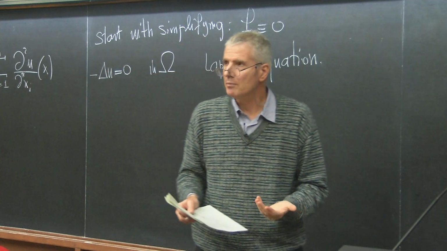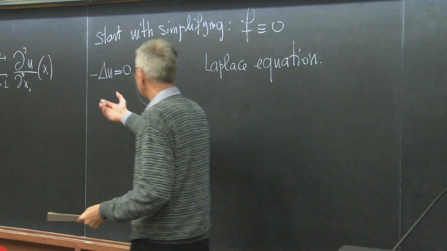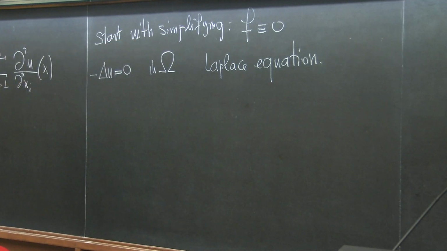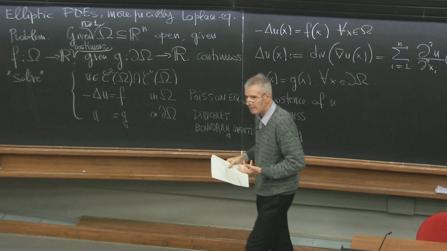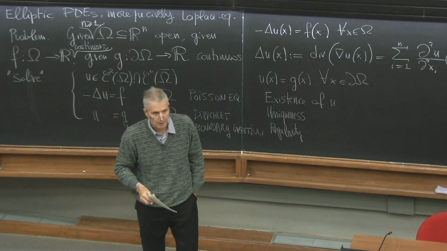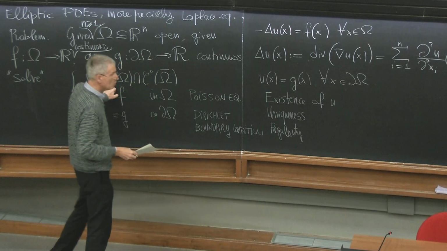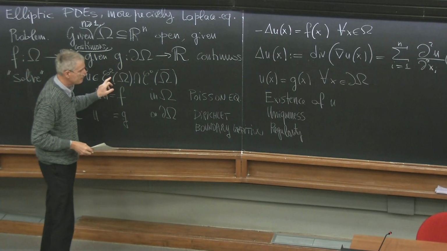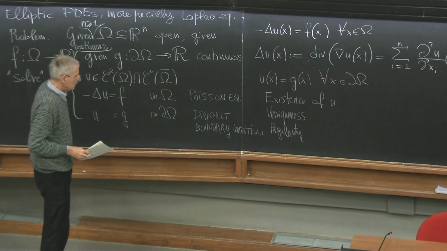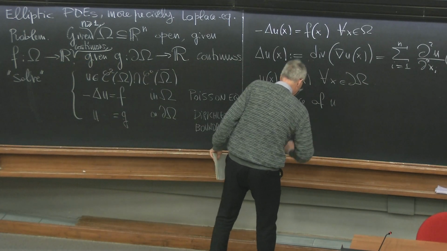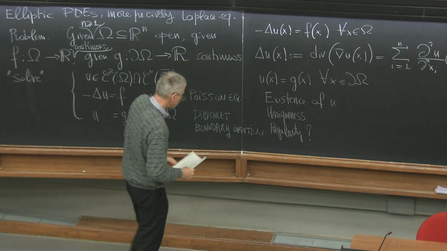If f is not smooth and we want this equal to f, Laplace of u cannot be very smooth. But if f is equal to 0, maybe we can hope that u is much more smooth than just C2 inside. So this becomes an interesting problem for Laplace.